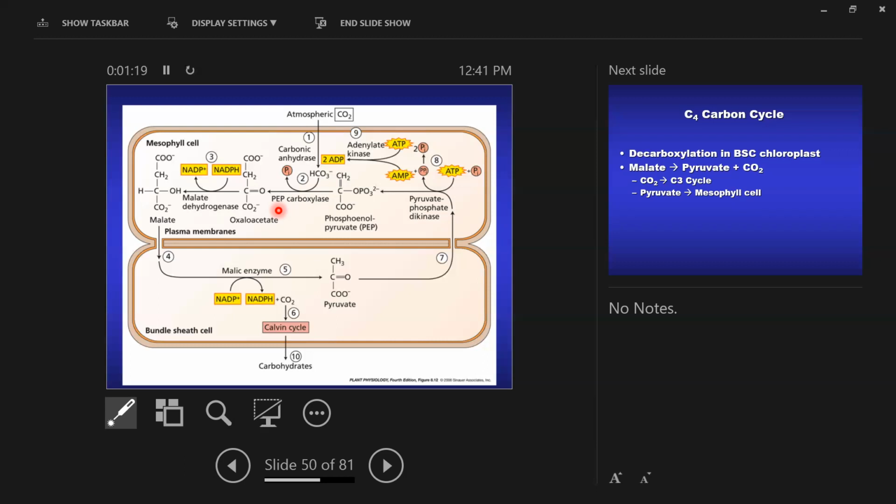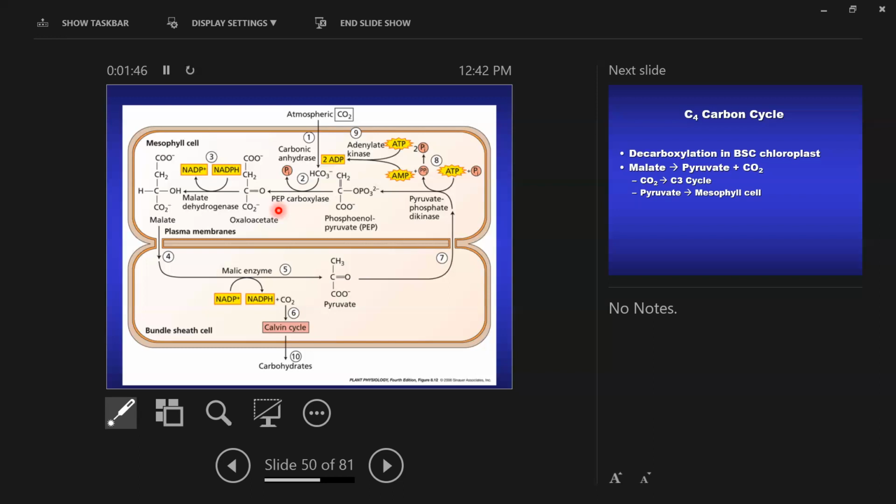And then that combined with the idea that rubisco is in the bundle sheath cell, it's physically separated from a lot of oxygen exposure. So this spatial segregation and the use of PEPcase really does a good job of making sure rubisco is not seeing oxygen.